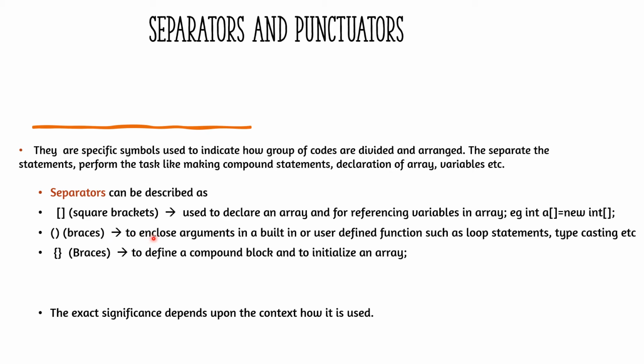Brackets engulf the arguments in the functions, and in all types of programs, to input the arguments we use the brackets. And braces are used to define a compound block or initialize an array. So no specific operations are done by separators, but they are used just to declare an array, define a compound block or accept the arguments.